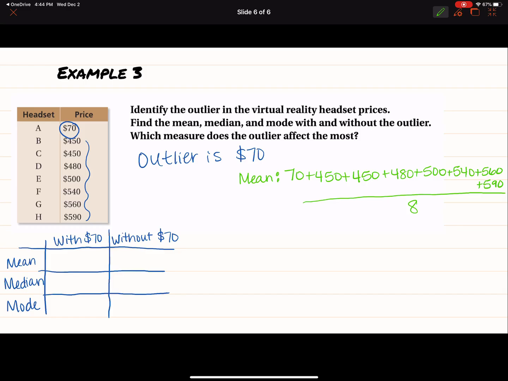Okay, so using my calculator again, adding them all together. I got 3,640. And I need to divide that by 8. Again, I'm just going to check myself.